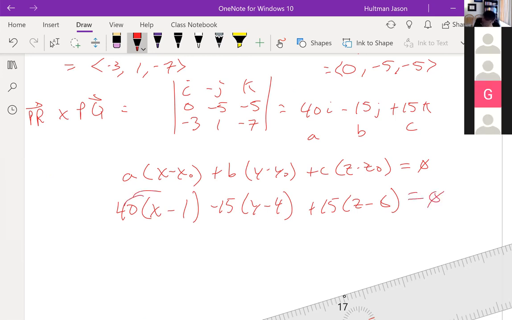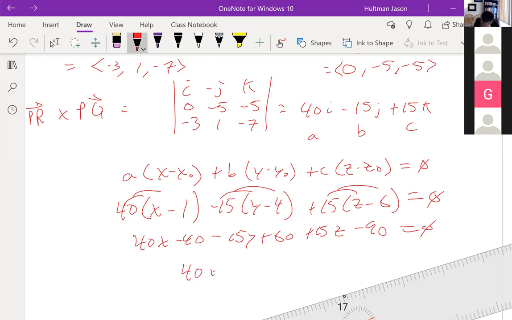Okay, so now let's distribute, and we get 40x minus 40 minus 15y plus 60 plus 15z minus 90 is equal to 0. So 60, negative 30, negative 70, right? So this is 40x minus 15y plus 15z equals, okay, or we could say minus 40 is equal to, or is it 10?